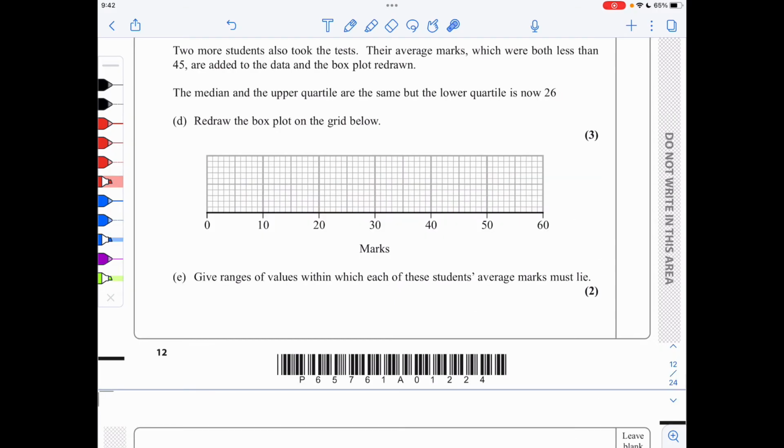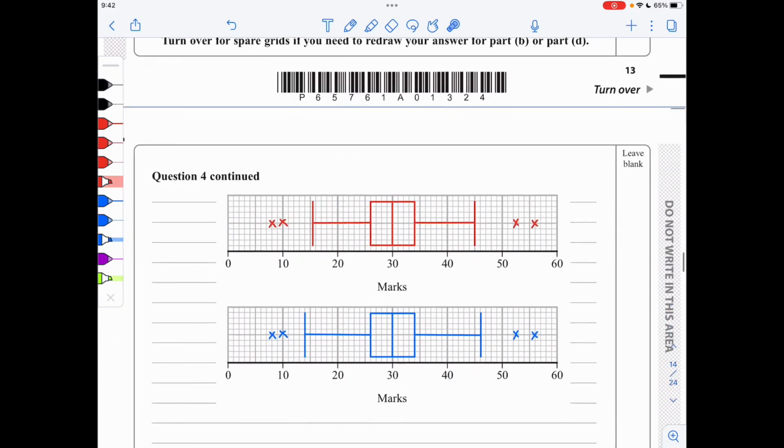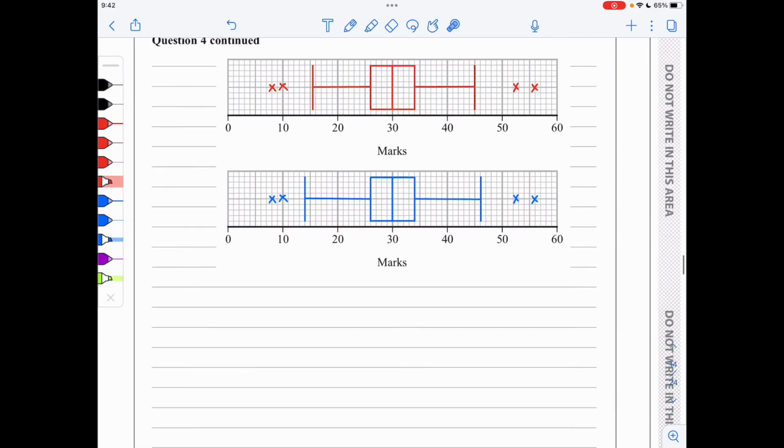In part E, we need to give ranges of values within which each of these students' average marks must lie. So I will start by observing that since the median remained unchanged, then one must be below 30 and the other must be above 30. We can then say that since Q1 increased, that means that one observation is between 26 and 30.